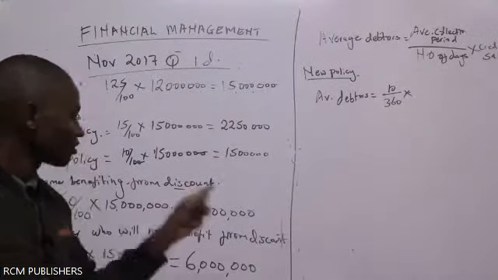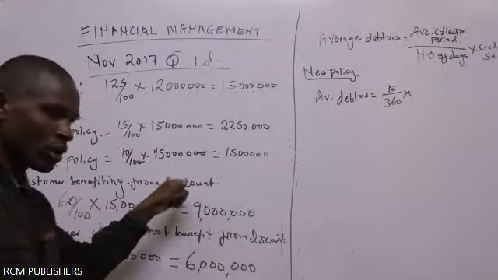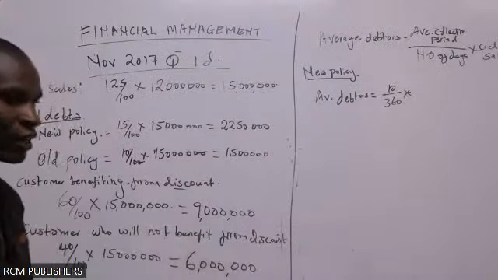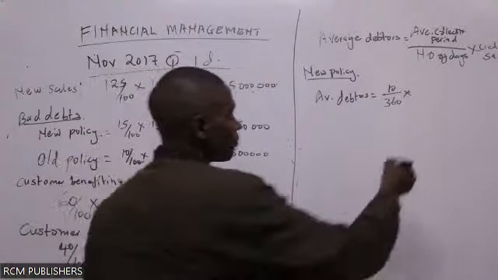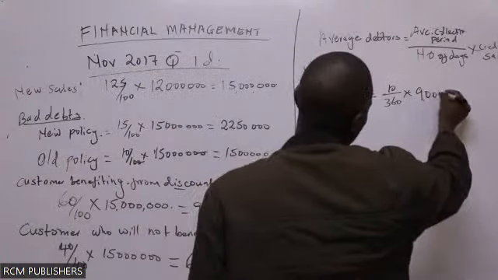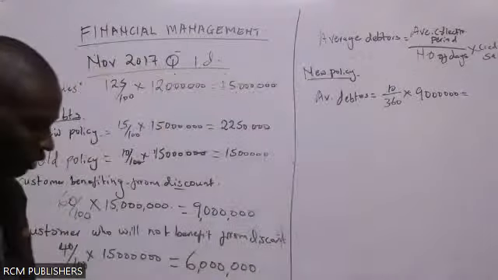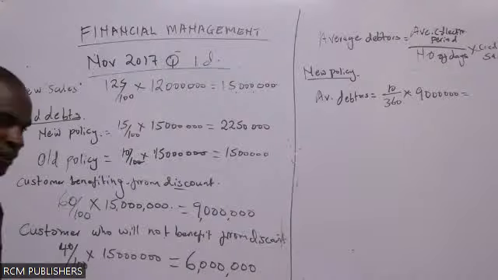Already computed. 60% bought on credit within the limit, so they will get the discount. So the average debt on that will be times 9 million.